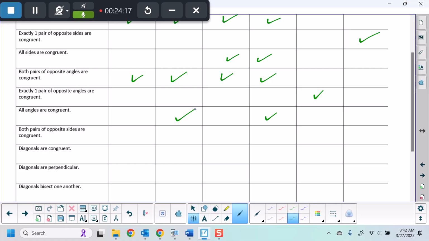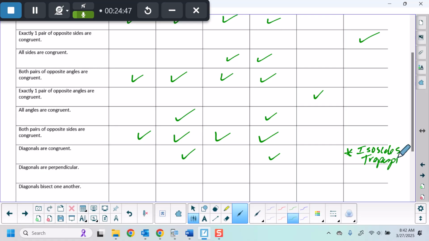Our next conversation, again, is part of the definition of a parallelogram. So my diagonals are congruent if I have a rectangle, if I have a square, and I'm going to go ahead and say if it's an isosceles trapezoid.